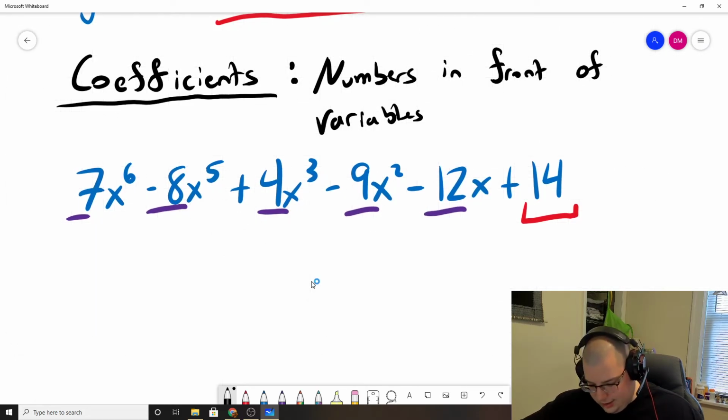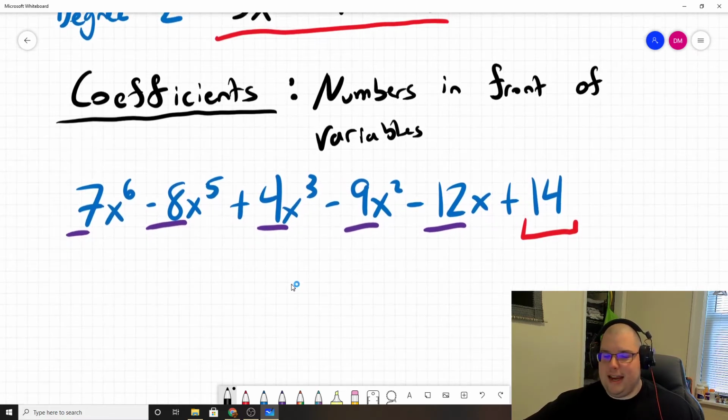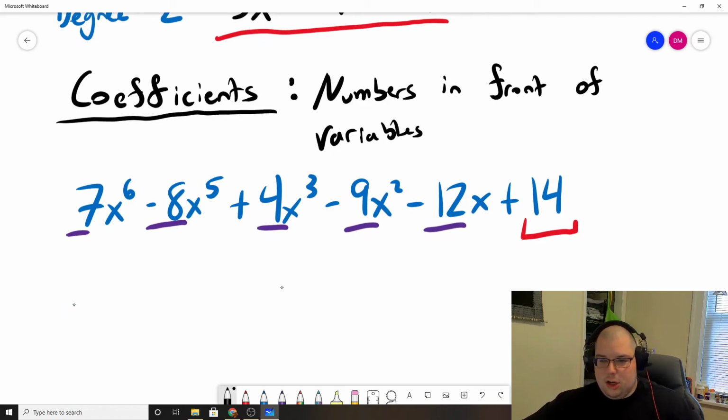The last thing that we need to talk about today is what's called the leading coefficient.